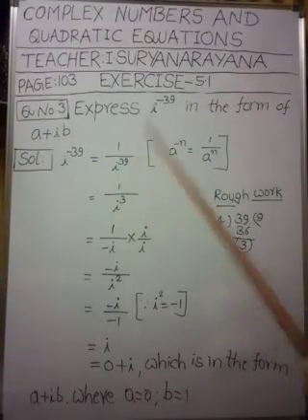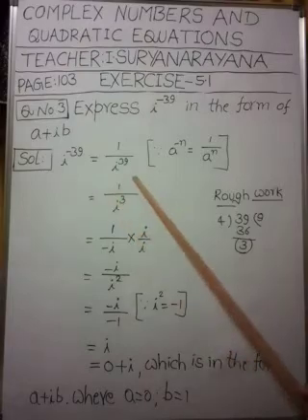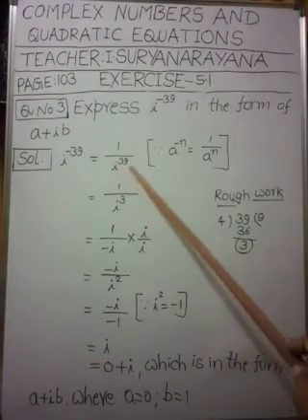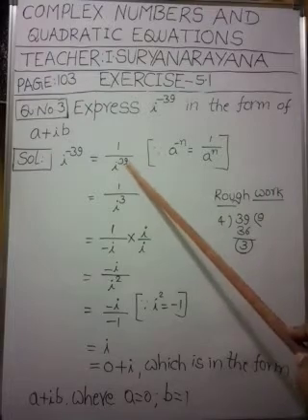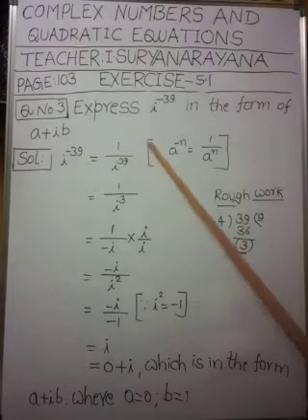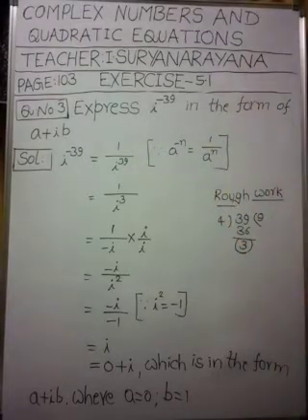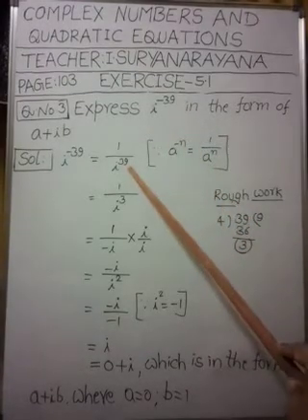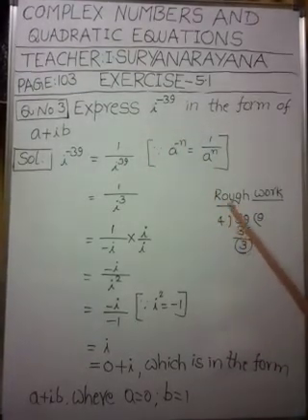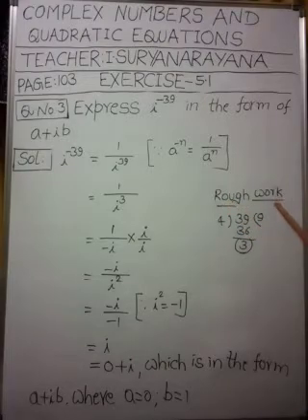Understood this step? Right. That is equal to 1 by, if you observe the denominator, i power 39 is there. What is the power of i here? 39. It is more than 4. What I said: when the power of i is more than 4, immediately divide that number by 4. I have done that part in the rough work here.